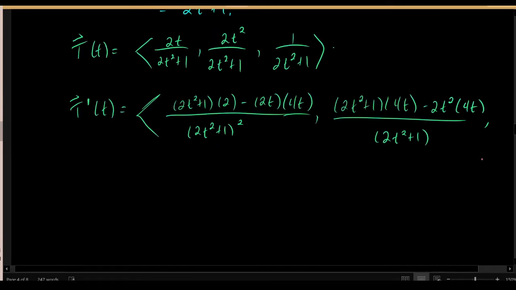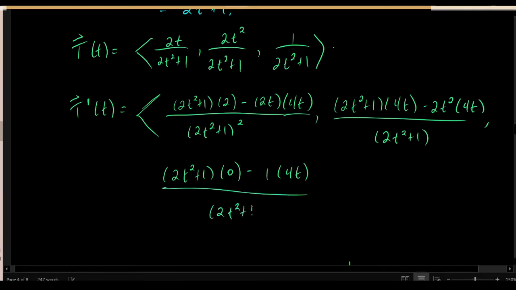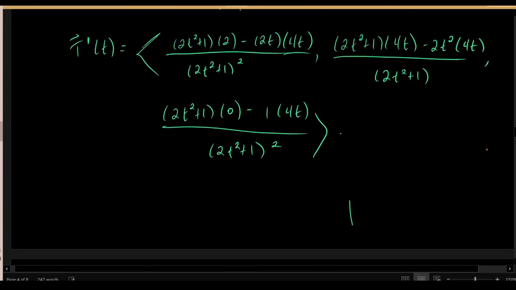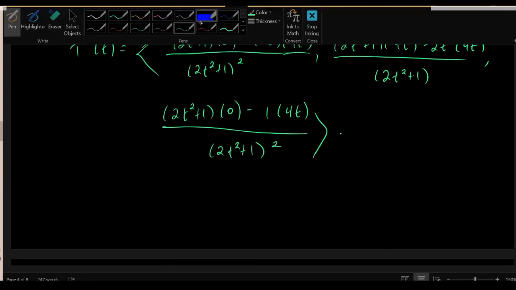And finally, for the last, we can use chain rule if we want to, or we can use quotient rule. Z I might think of as bottom times the derivative of the top minus top times the derivative of the bottom, just for symmetry in terms of calculations, all over the bottom squared. Now, at last, finally, all the derivatives have been calculated, and it's safe to plug in the given t value.